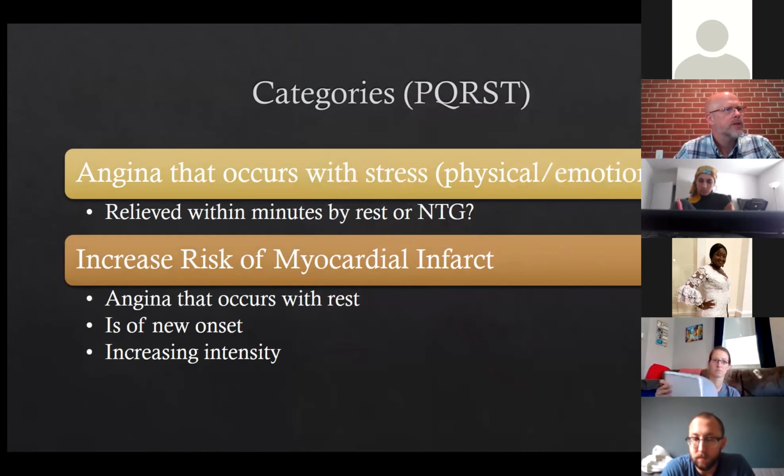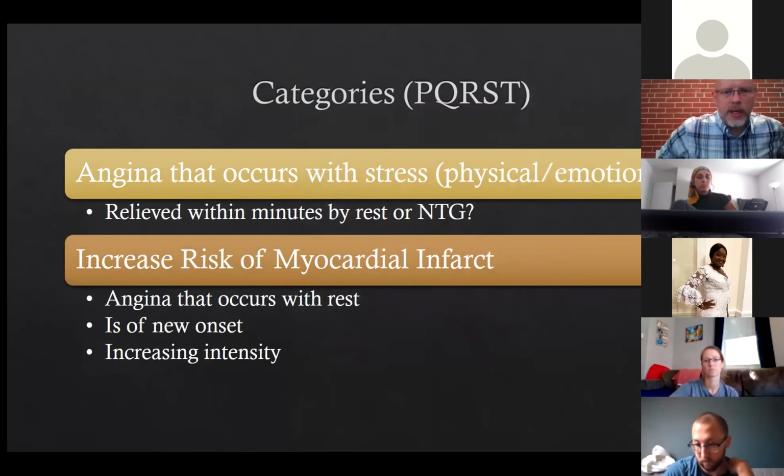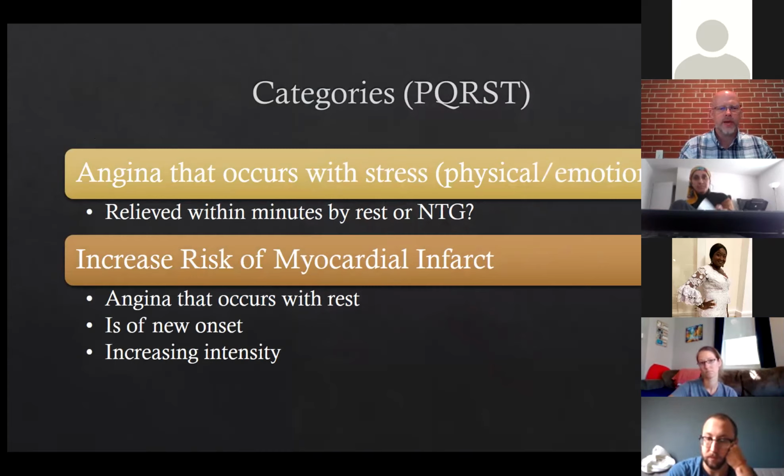I talked about angina with stress, relief in minutes by rest. What is NTG, by the way? Nitroglycerin. Good. So our patients who've got stable angina, they may have a bottle of nitroglycerin at home. And they'll have instructions from their doctor that if they're experiencing stable angina to take nitroglycerin.